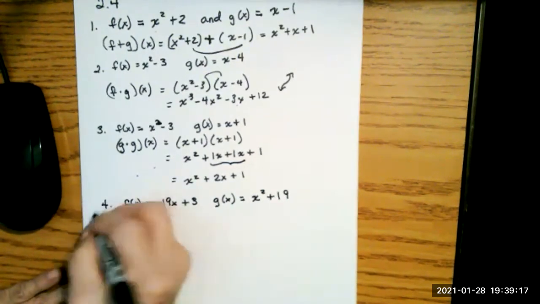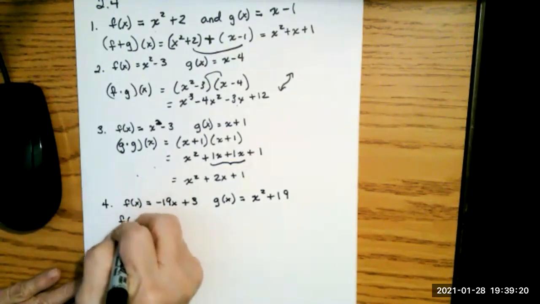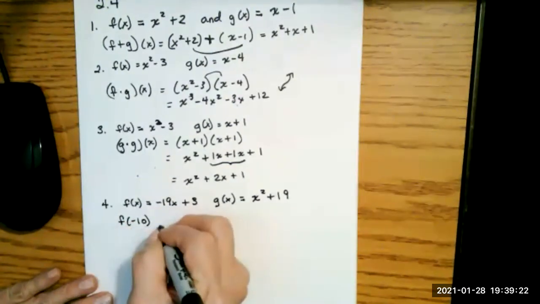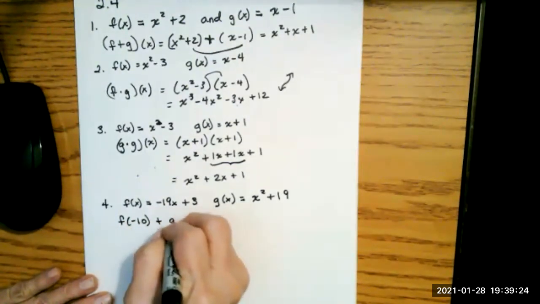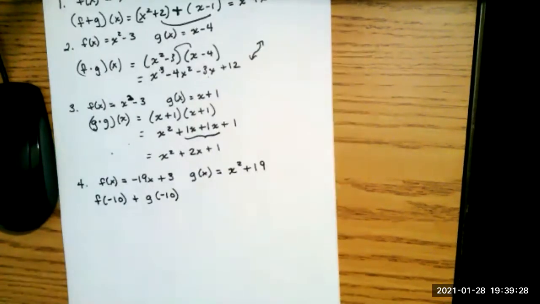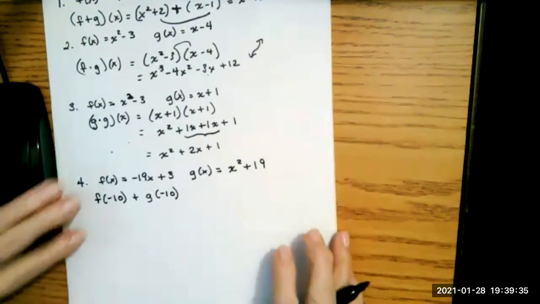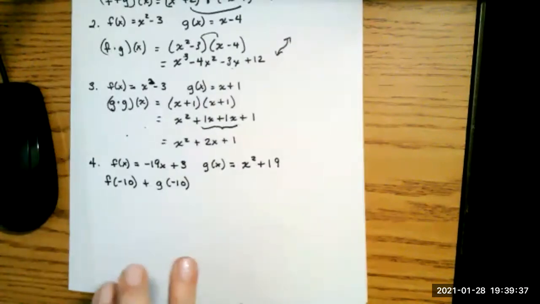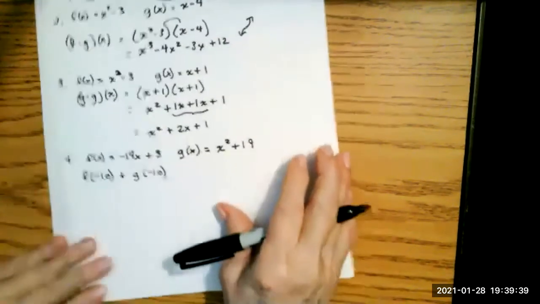But this time, they want us to find f of negative 10 plus g of negative 10. Now, those of you that know a lot about mathematics know there's two or three ways you can do these. But this is the way I do it because I think it's easier to explain and easier for you to remember.